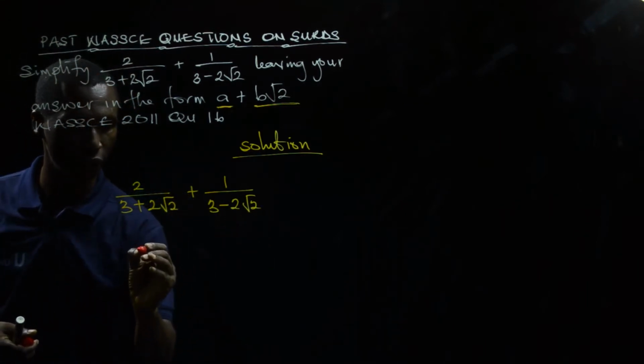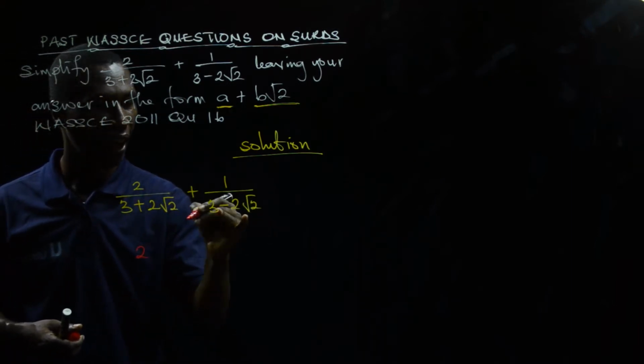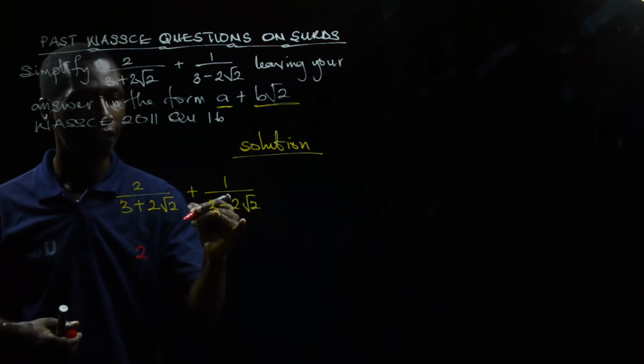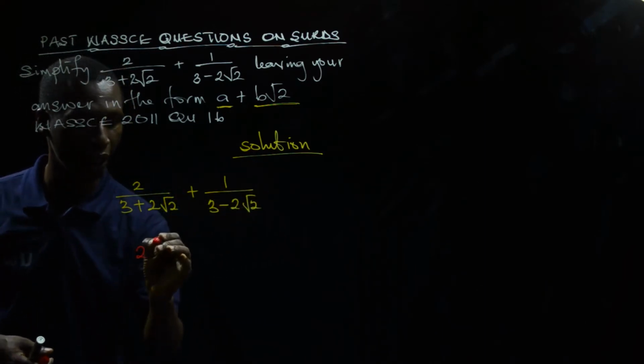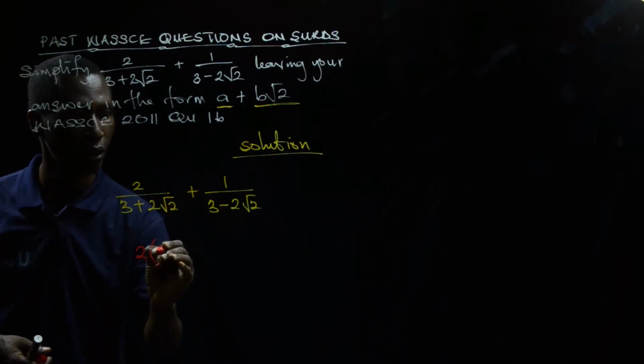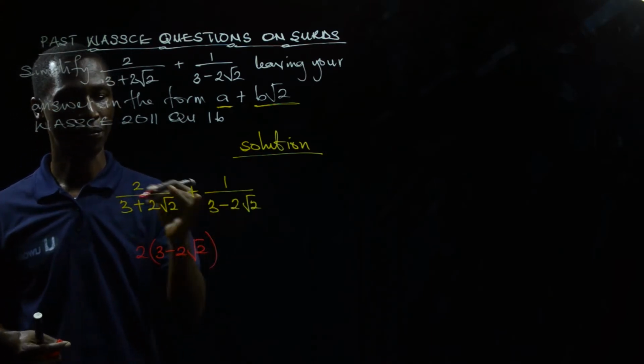So I'm going to get 2, and because 2 is going to multiply every item in this, I have to put 3 minus 2 root 2 in a bracket. So I open a bracket, then I put 3 minus 2 root 2. So I've finished with the first part.